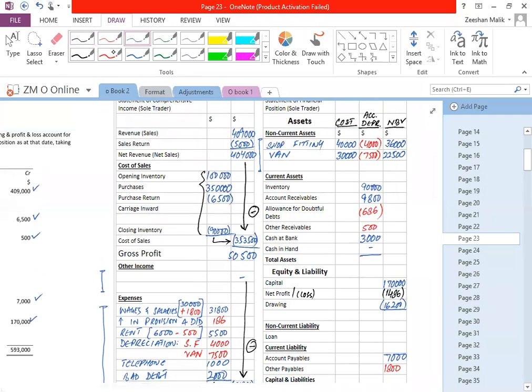Now, calculators, take the sum of non-current assets. $58,500. Then take the sum of current assets, drag them here.